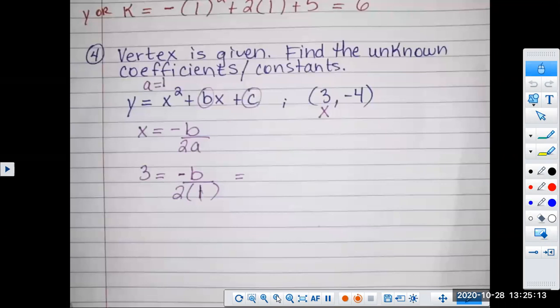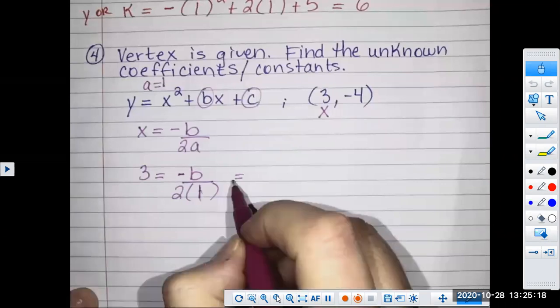Okay, guys, what is b? You should get that b is -6.